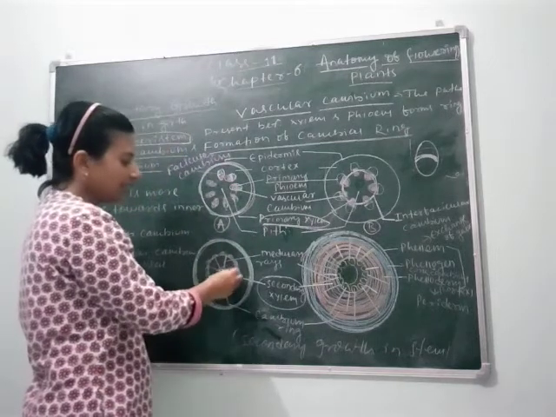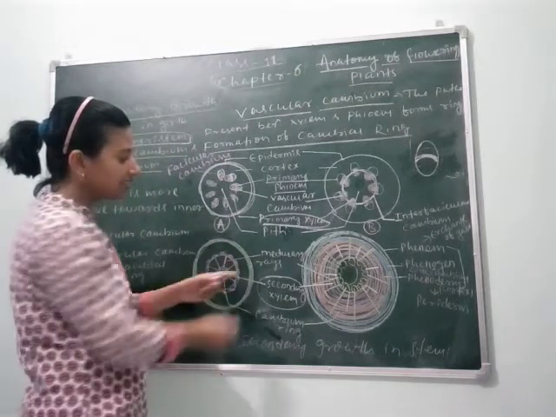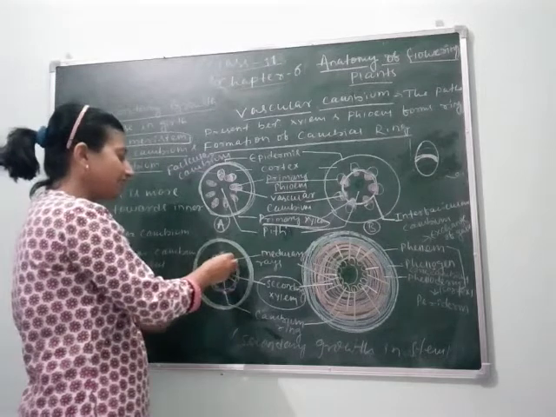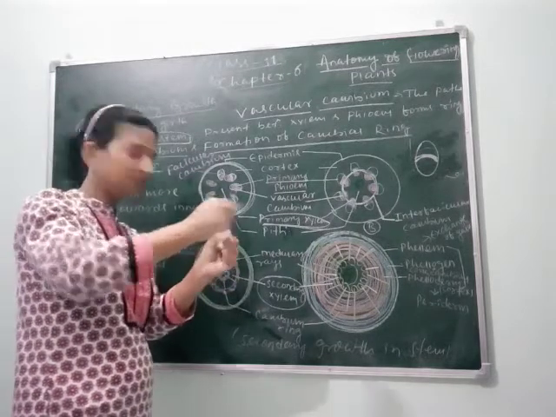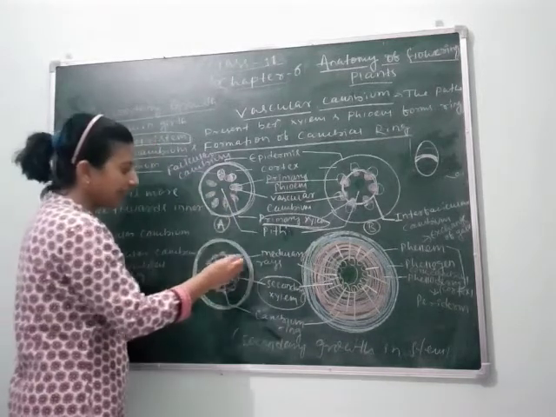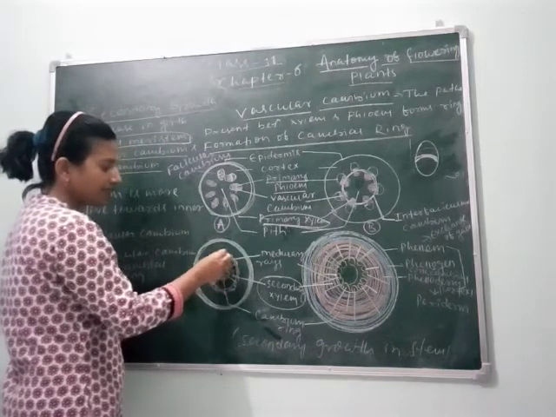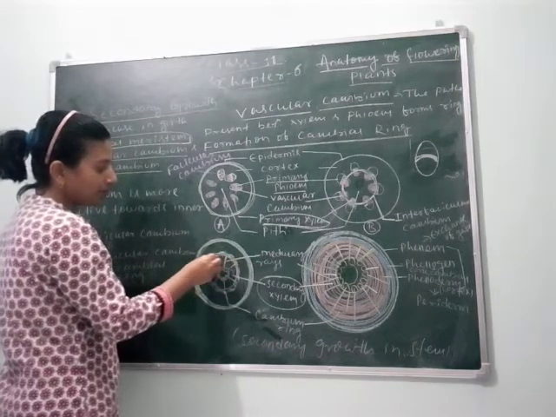That's why here is the xylem and this region is phloem. Again medullary rays separate the xylem from phloem. This ray is the medullary ray which separates the phloem from xylem.